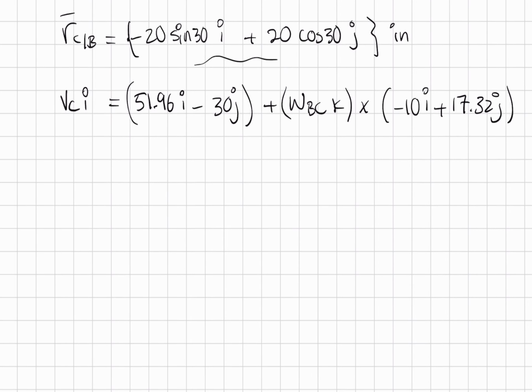And of course, cross products need to be done using this cross product matrix. They are a little different than the dot products we've done in the past. So we have 0, 0, omega BC, and we have minus 10, 17.32, 0. And here, when we use this cross product matrix, we get something that looks like this.